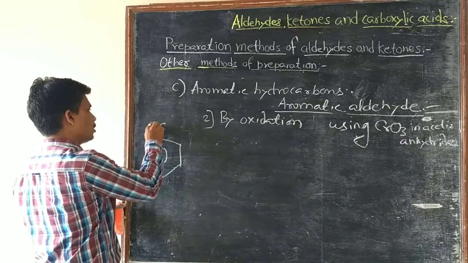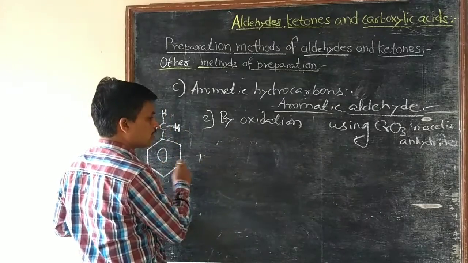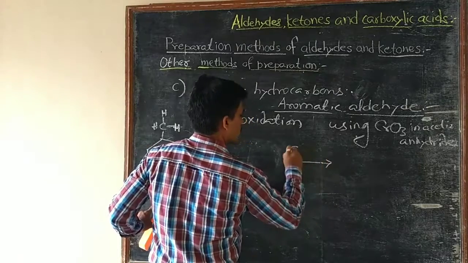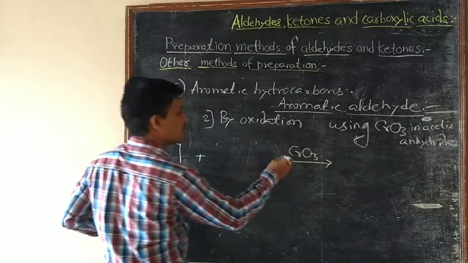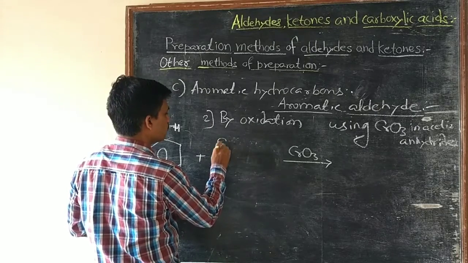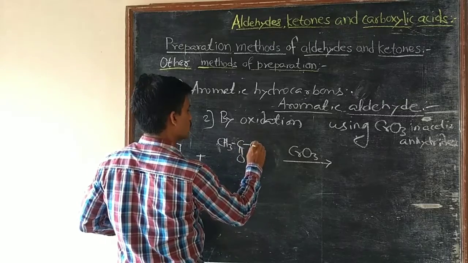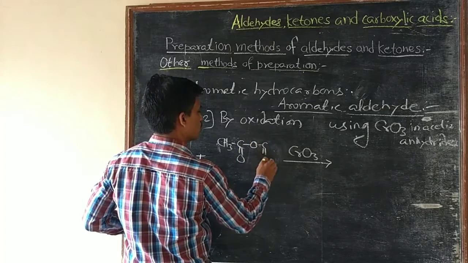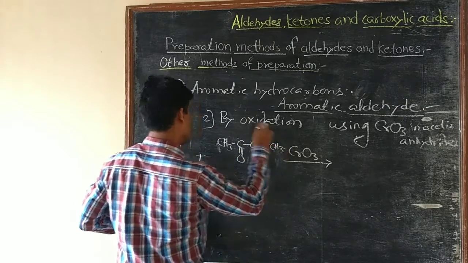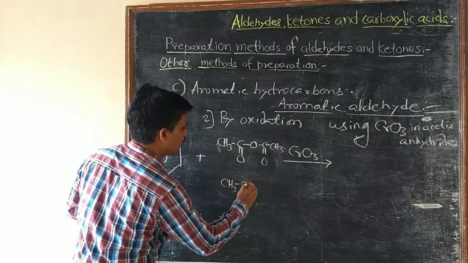This is toluene. When this toluene is treated with chromium trioxide in presence of acetic anhydride, then another acetic anhydride molecule we will write here.